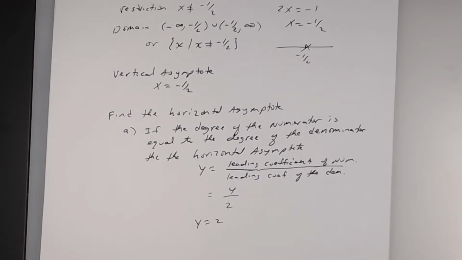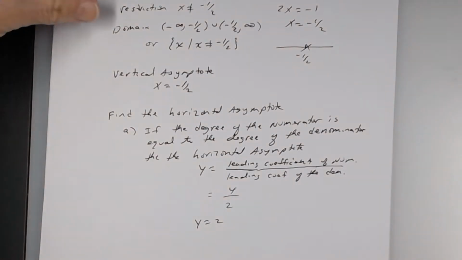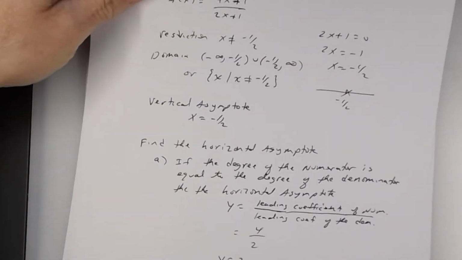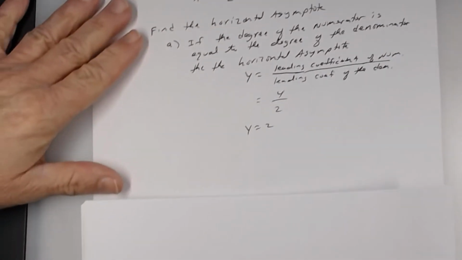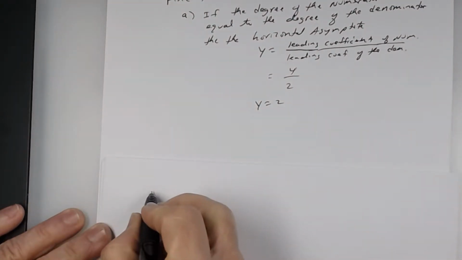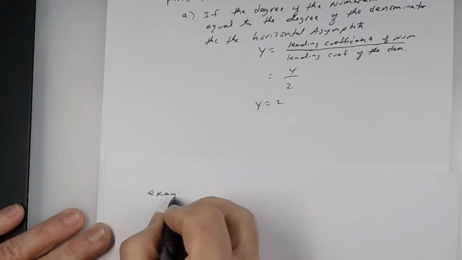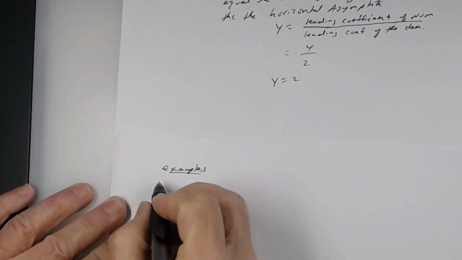Okay? Before we go any further, let's look at 2 examples without going any further beyond what we just did. So look at these functions. Okay, suppose I had this function.